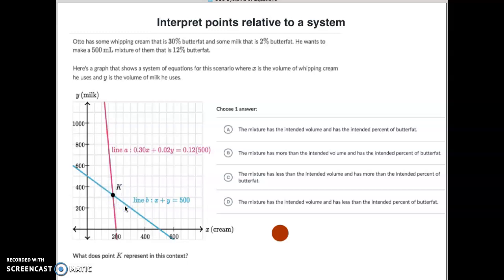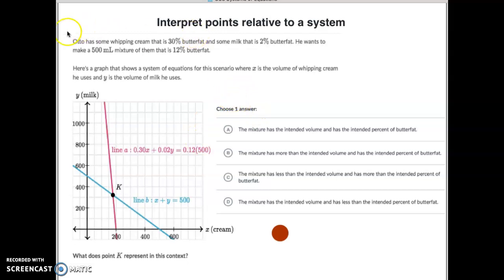Well, that point means when this equation here is equal to, or in other words, the same as this one. The keyword there being same. So today, when we read our answers, we're going to describe this point. That just means that the two lines are the same, or they are both the intended amount.